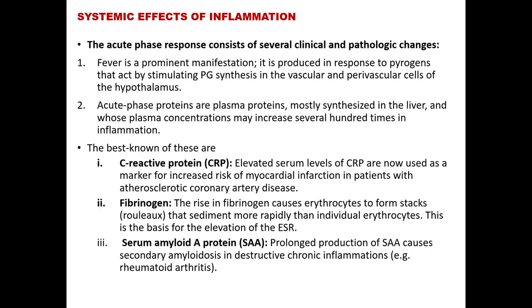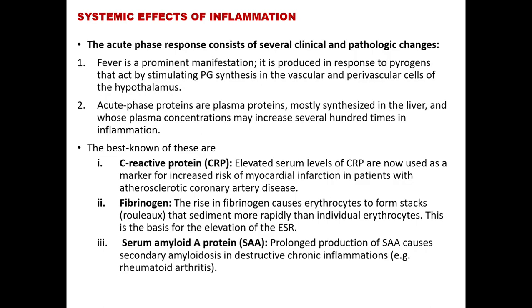Elevated serum levels of this protein are used as a marker for increased risk of myocardial infarction in patients with atherosclerotic coronary artery disease. Also, as you all know, in the coronavirus crisis, C-reactive protein was shooting up and its levels were very, very high.